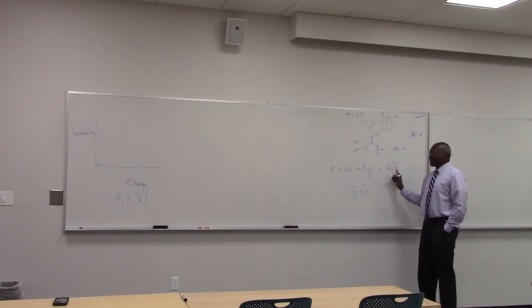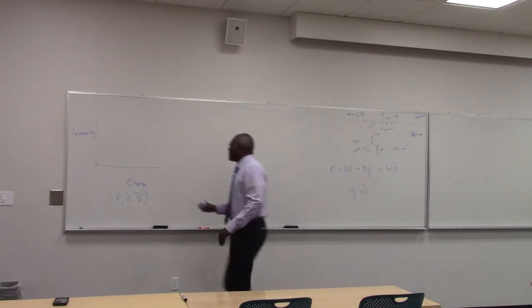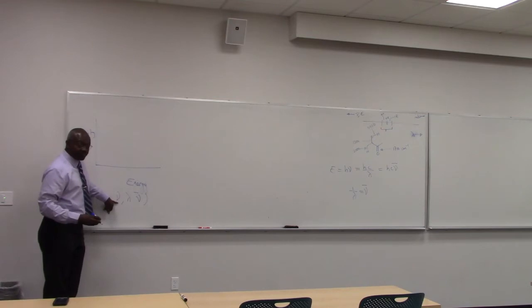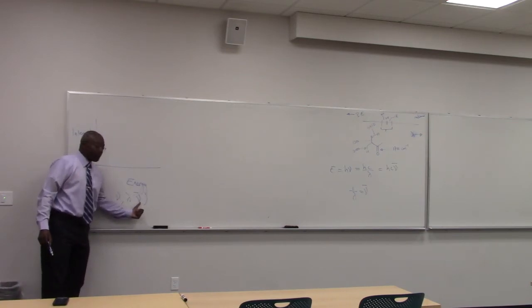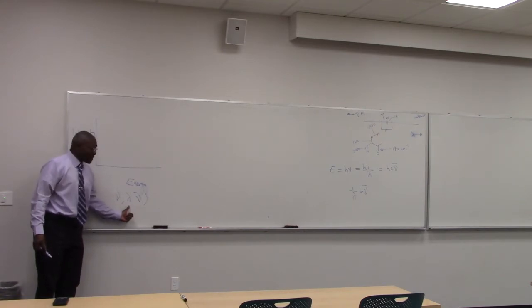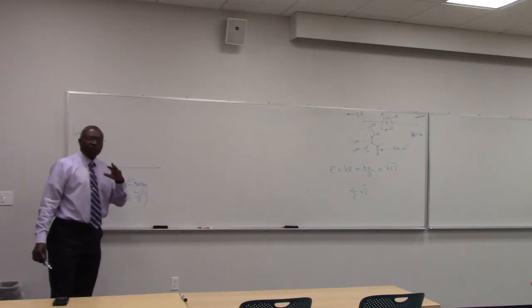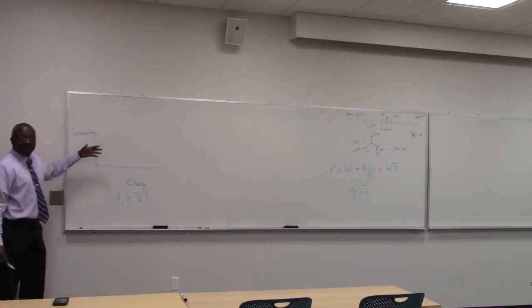So 1 over lambda becomes nu bar. So the terms that I find for energy, the proxies for energy, are frequency, wavelength, and wave number. You see wave number in IR, you see wavelength in UV-Vis, and you see frequency or a modification of frequency in NMR. And on the vertical axis you see intensity.